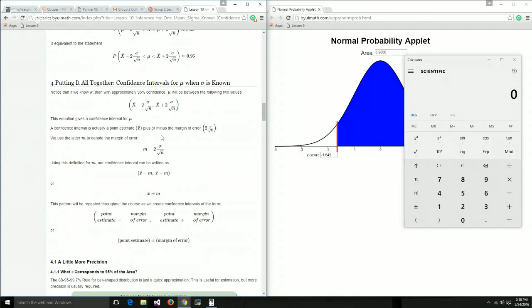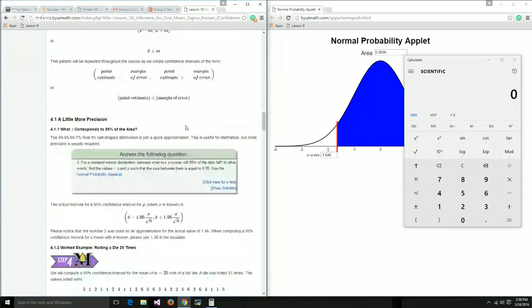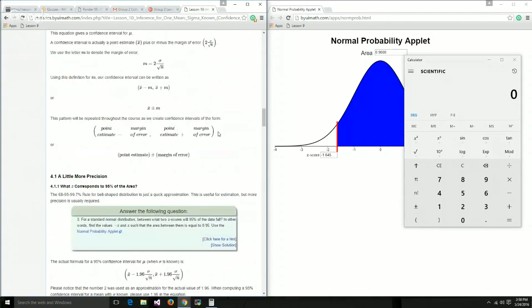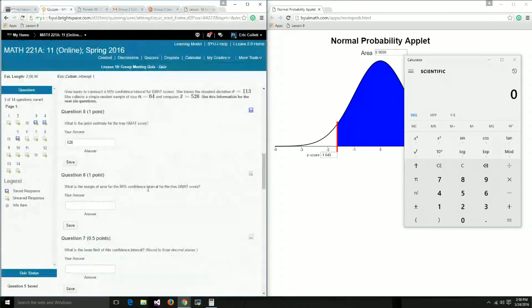If you read on in the textbook, it explains this. It's getting that z-score from the empirical rule, the 68%, 95%, and 99.7% rule. That's an estimate of the true z-score, basically.